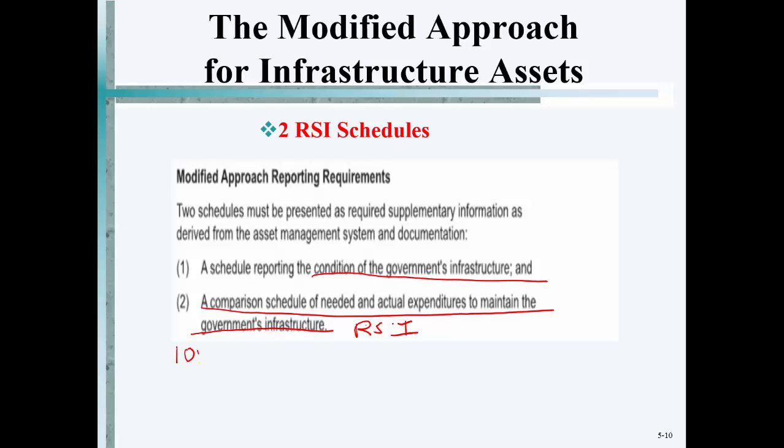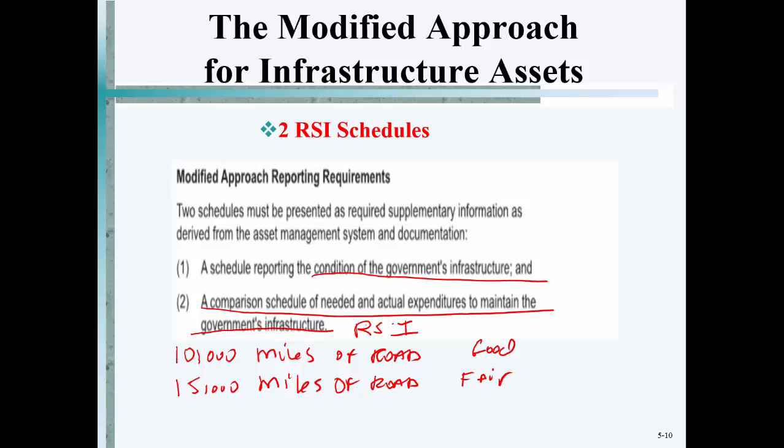So you'd see something like this: 10,000 miles of road in good condition, 15,000 miles of road in fair condition, and then 100,000 miles of road in poor condition. You see why they want them to have a system to do this?